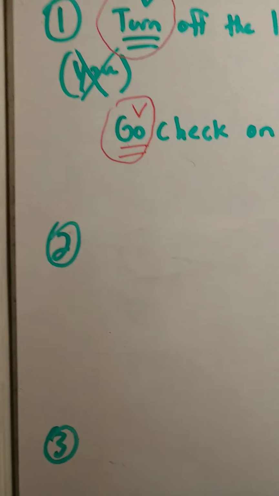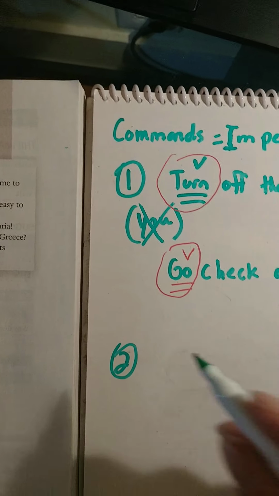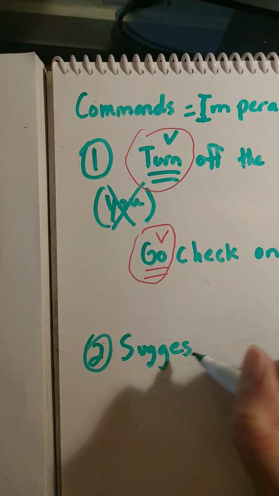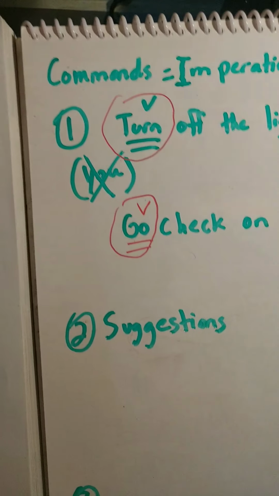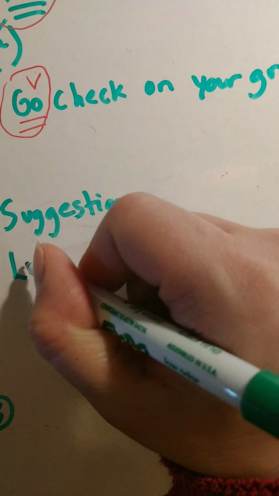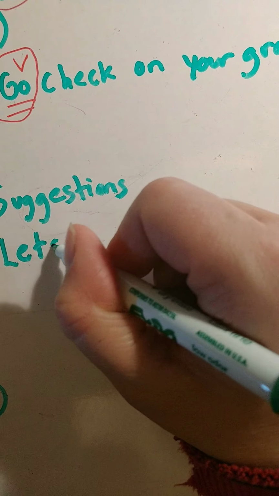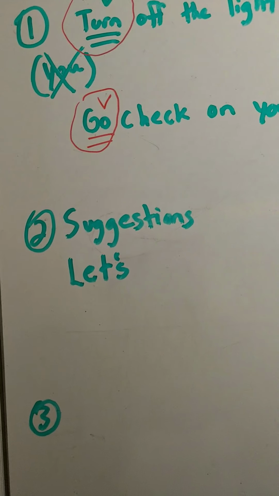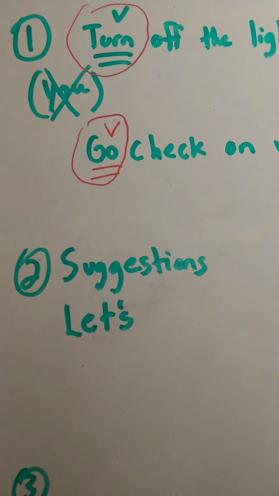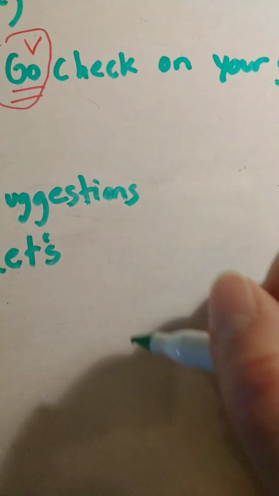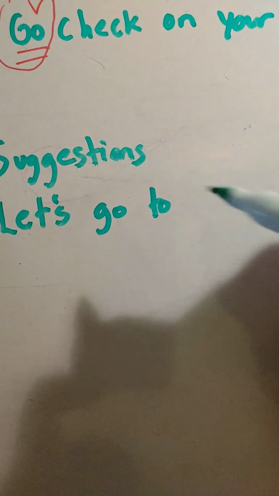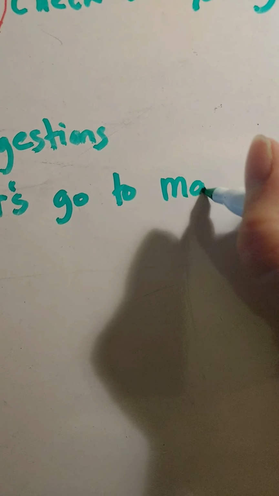The next thing is a suggestion. The next 2 are suggestions. So we often use let's. For example, let's go to Maria's party.